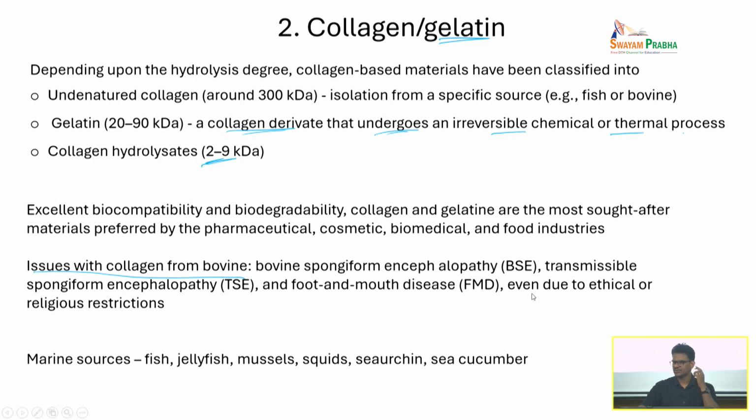There are also ethical and religious reasons against deriving material from animals. Therefore, marine sources offer an alternative to bovine-based collagen: fish, jellyfish, squids, mussels, sea urchin, and sea cucumber are marine organisms from which collagen can be derived.